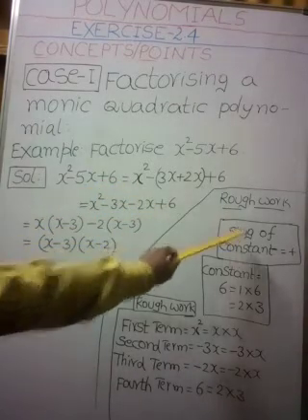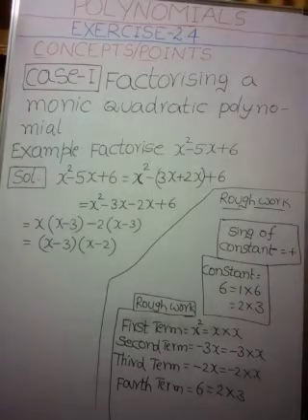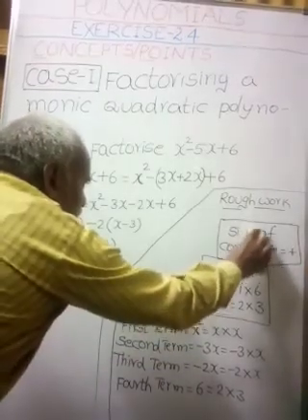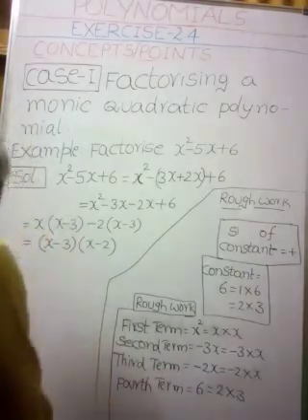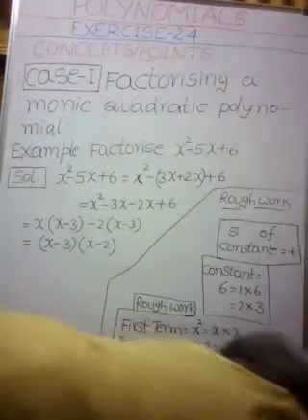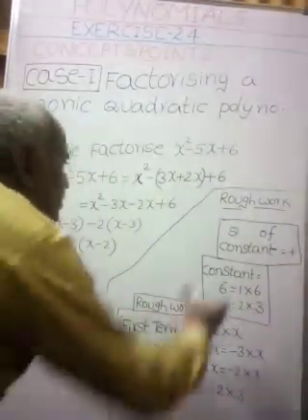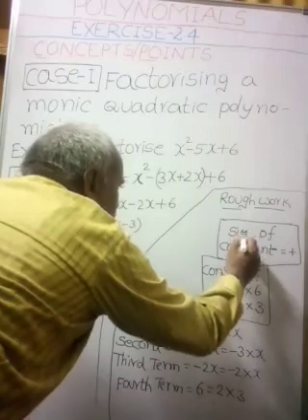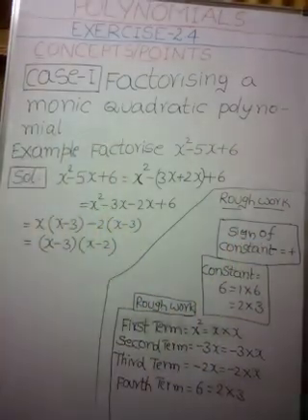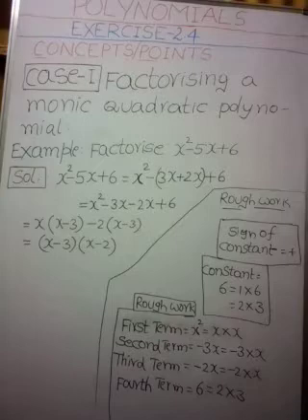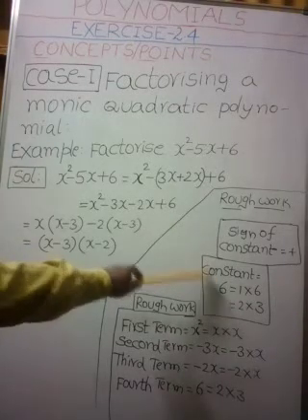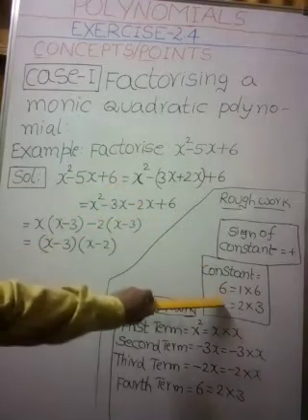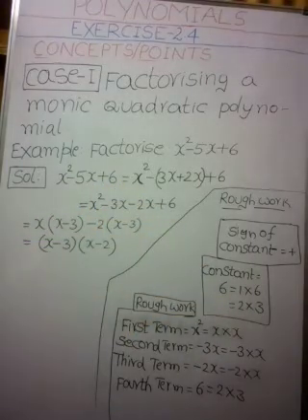So write that as the sign of the constant term. The sign of the constant term is positive here. Now what is the constant here? 6. So take here the number 6. Okay, my dear children? Right.